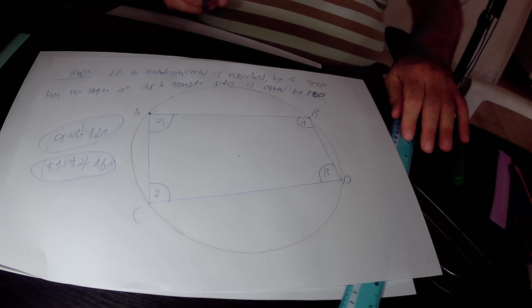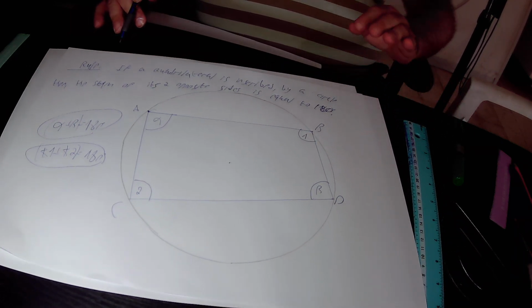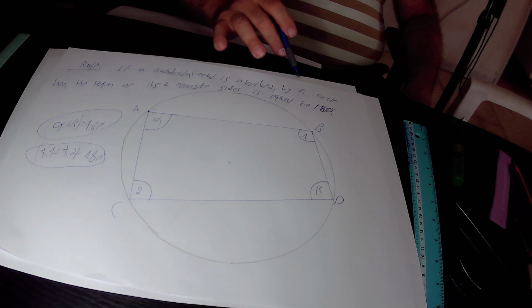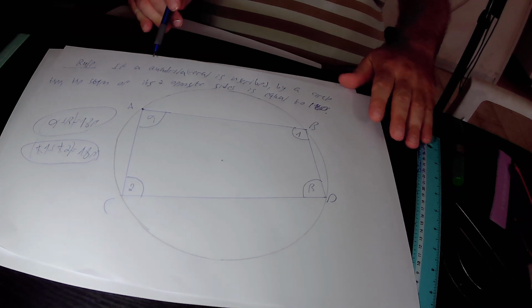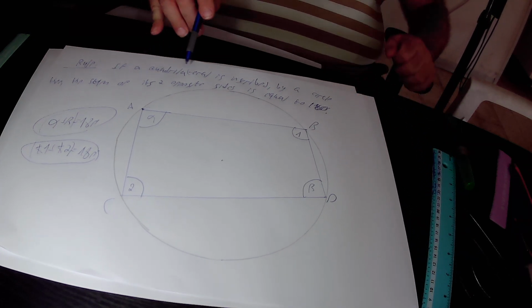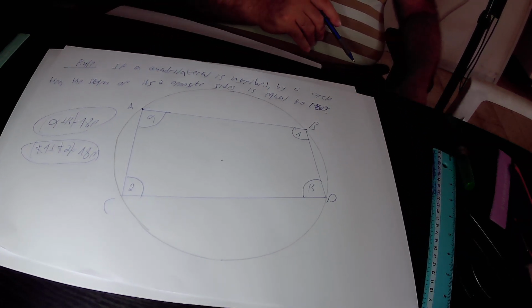According to the rule that I mentioned, if a quadrangle is inscribed by a circle, then the sum of its two opposite angles is equal to 180 degrees.